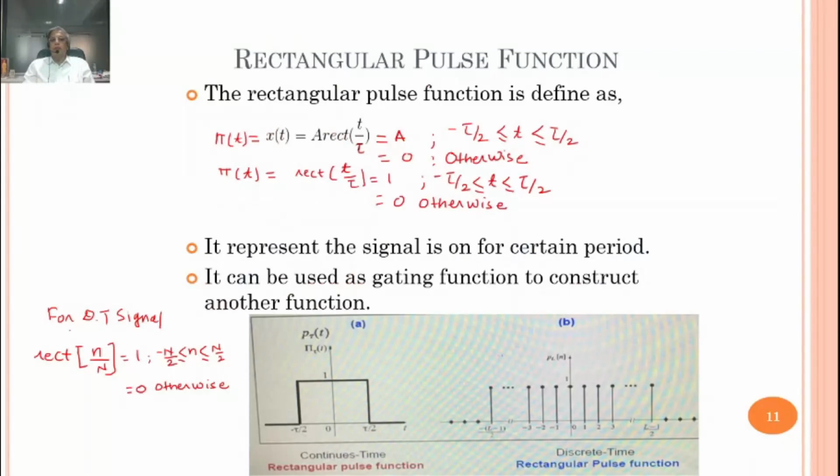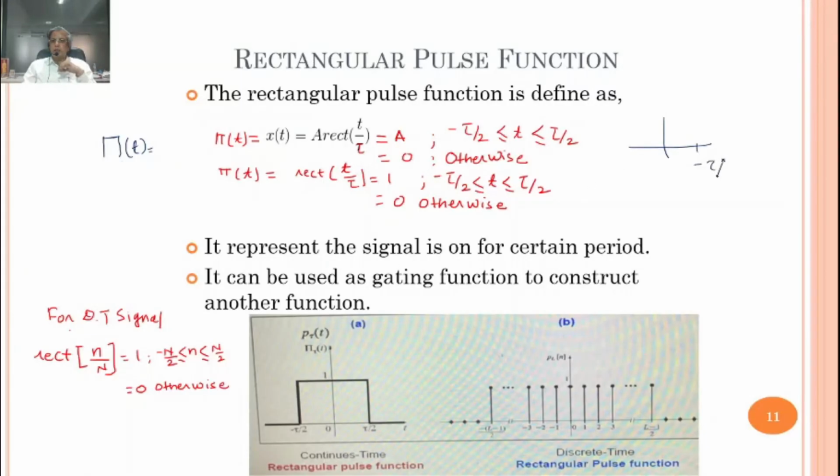Then the rectangular pulse function. The rectangular pulse function is also called the gate function. That function occurs only for a particular duration of time with the same amplitude. Hence this rectangular function is represented like this: the duration is fixed, and the time function equals a RECT of t by tau, where tau is the duration.